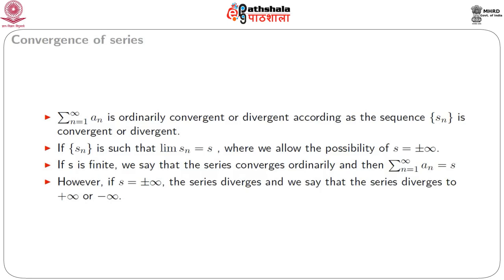So next we shall discuss convergence of series. A series, that is summation n from 1 to infinity of An, is ordinarily convergent or divergent according as the sequence Sn is convergent or divergent.